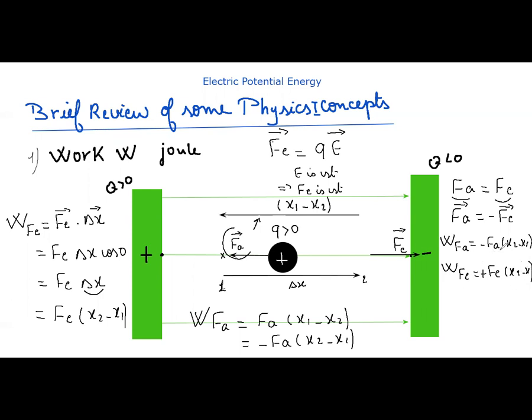So as FA equals FE, we can say omega, the work applied by FA, equals minus the work applied by FE. Okay, you have to remember this relation between the initial position and the final position.